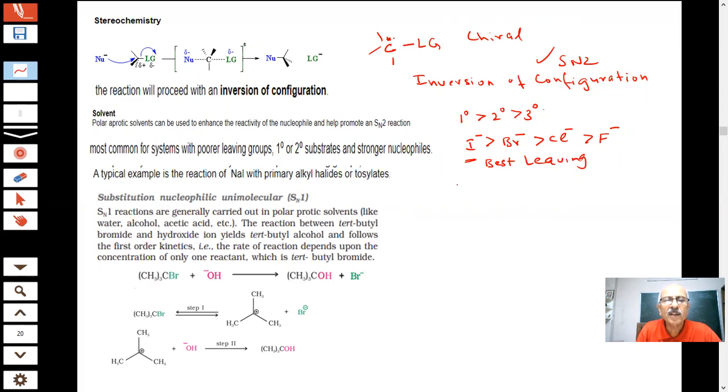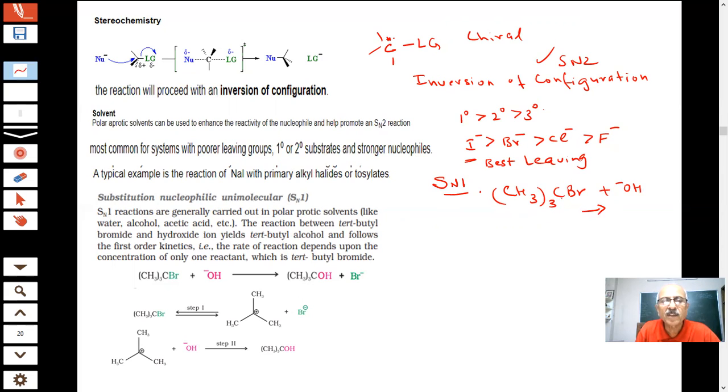Now we are coming to the second mechanism, which is SN1. As I said, if I attach very, very bulky groups, for example, if I have this compound (CH3)3CBr and I put aqueous sodium hydroxide, what will happen?